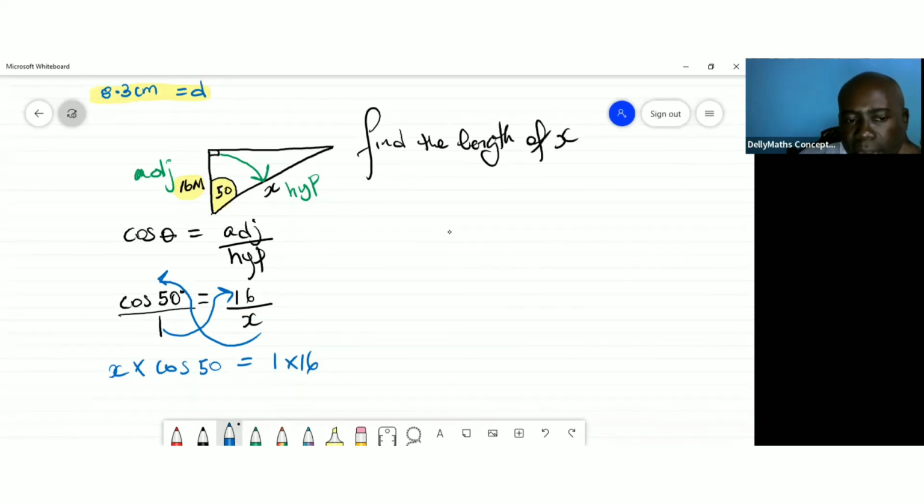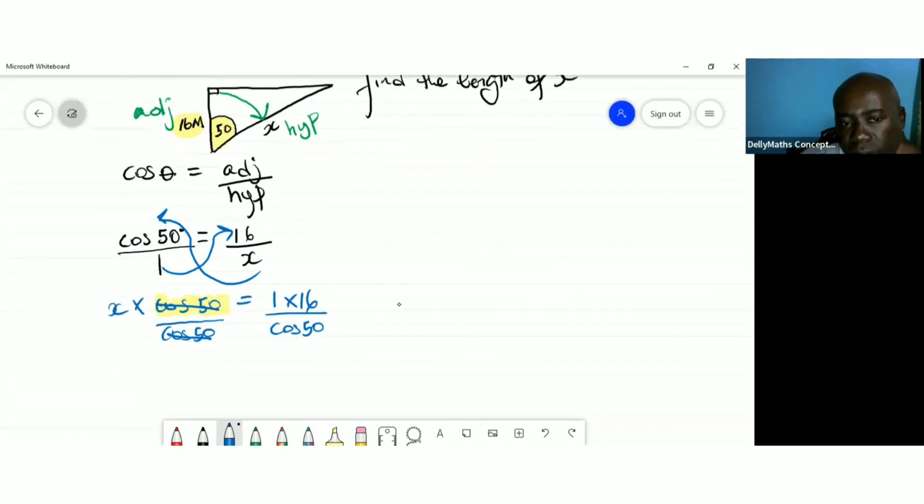Remember that we want to find x. So definitely we need to get rid of the cos of 50 degrees. So we're going to divide both sides by the cos of 50 degrees. So then x is equal to 16 divided by the cos of 50.